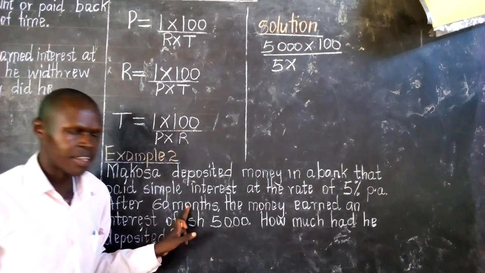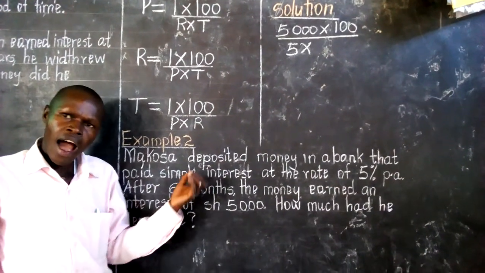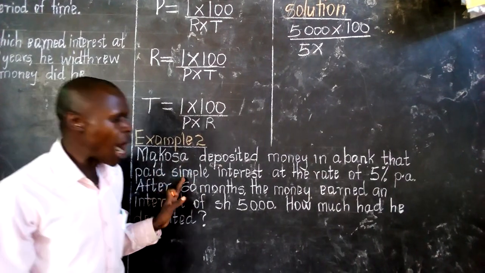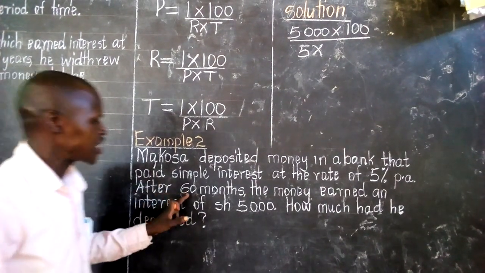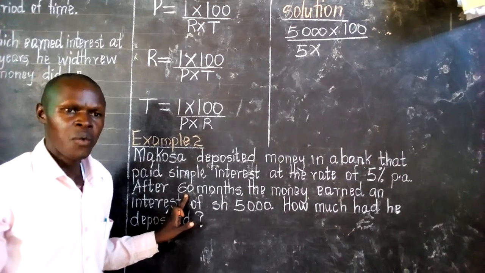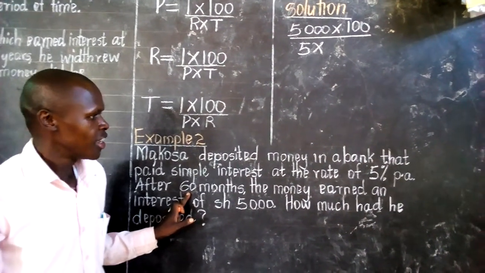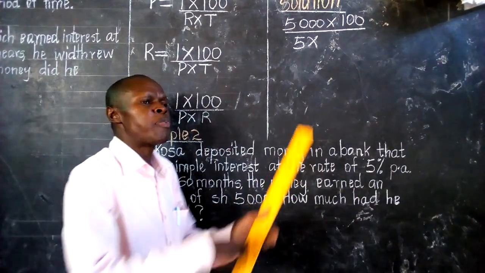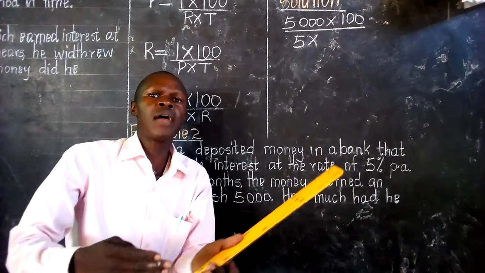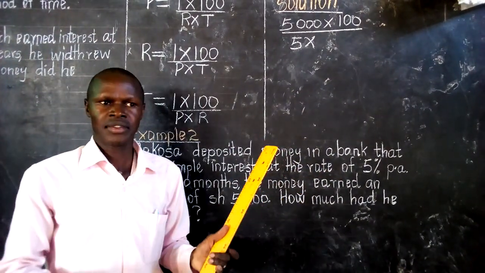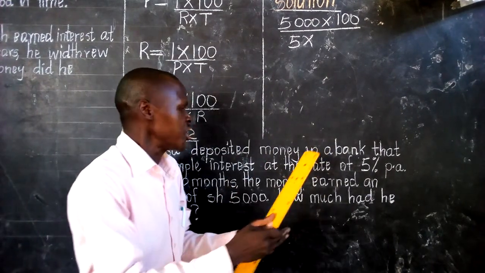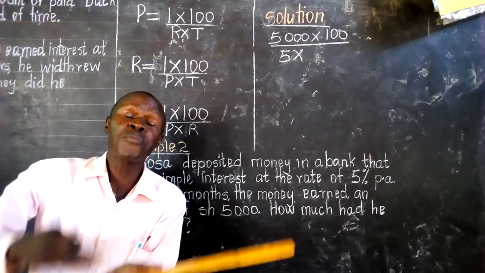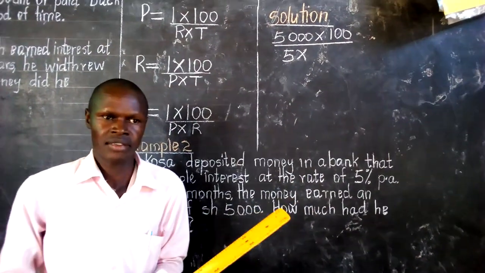60 months. Earlier on, we learned that when we talk about the rate, the rate dictates time. When the rate is per annum, that means our time will be yearly. When the rate is in months, that means our time will also be in months.